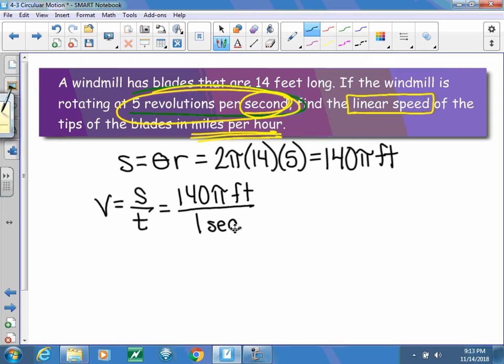So that kind of makes sense of where we would be at for our linear speed if we are looking for feet per second. But now we have to make the conversions into miles per hour, so we're going to start using some unit conversions.